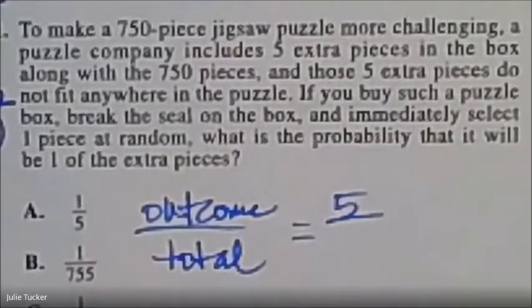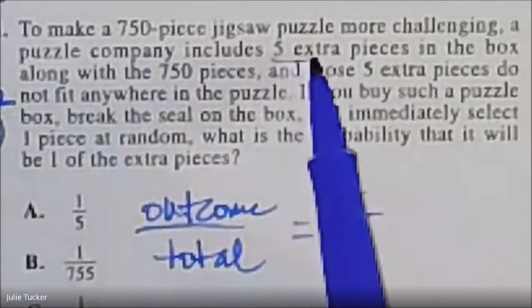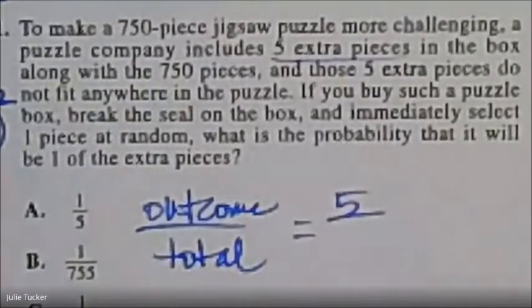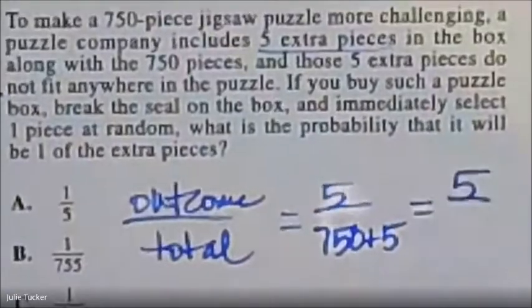Are you rereading it? It's a 750-piece puzzle. And there are 5 extra pieces. So how many pieces are in the box? The 750 plus 5 extra pieces. Okay, so that's 5 over 755.